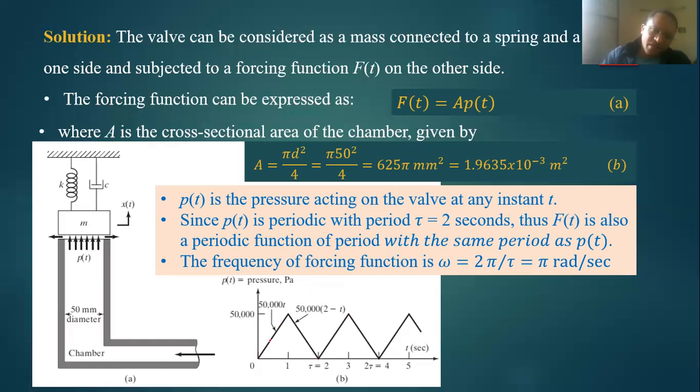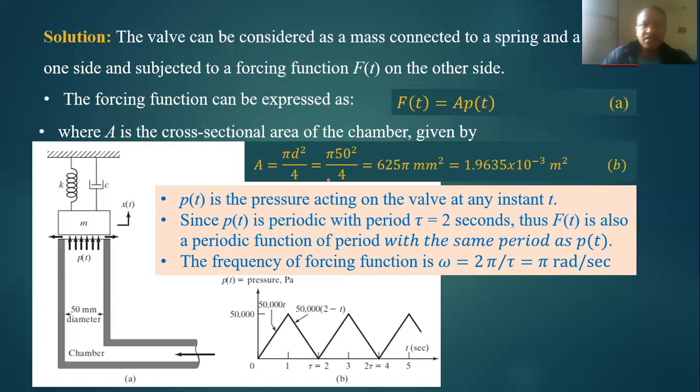The line from 0 to this point is defined as 50,000 t, and this line is defined as 50,000 times 2 minus t. This is the definition of the lines. So we have to define this region in two parts.